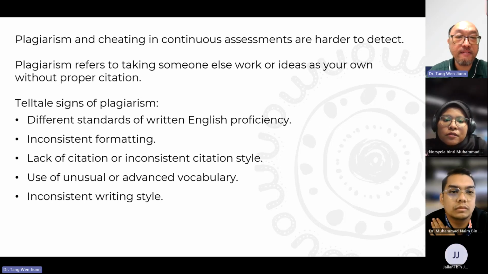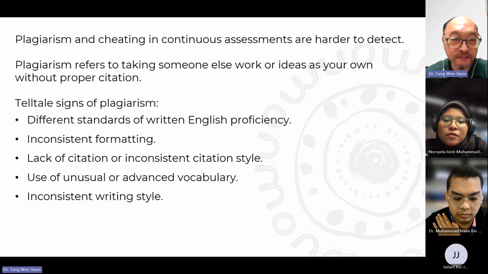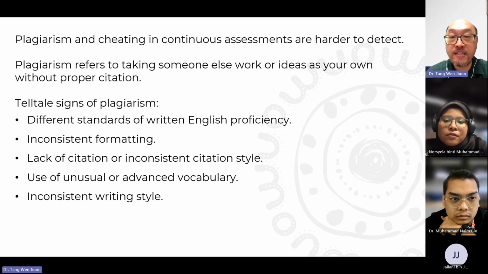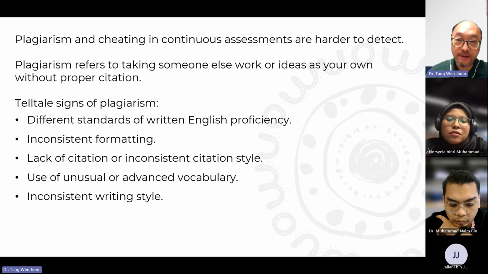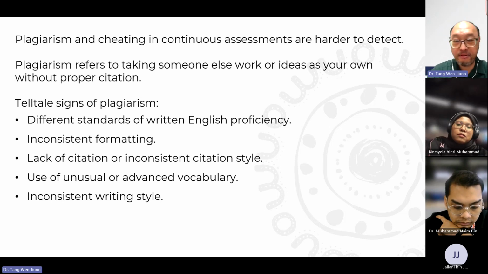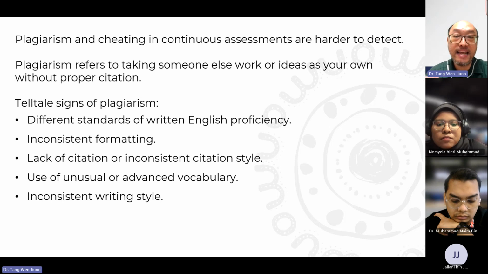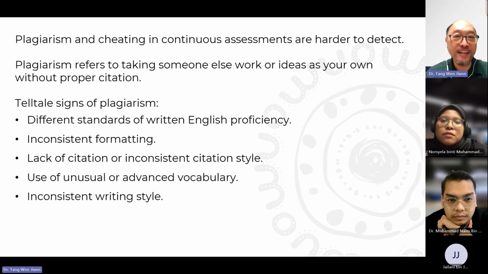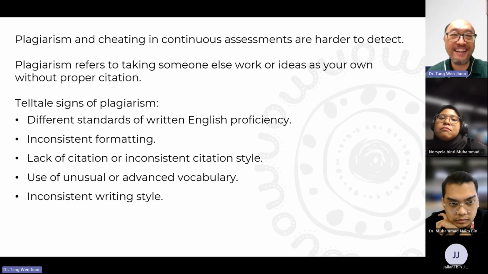First, for Malaysia, this is the first thing we look at: the standard of English proficiency. In class, when we communicate with the students, you can tell their language level, or when they submit their on-the-spot work, we can tell how good their grammar is. And then suddenly when they submit the work, it's perfect UK English. Then you know something is not right there.